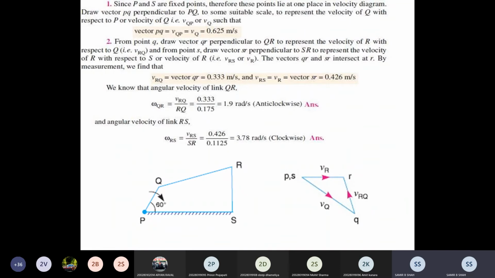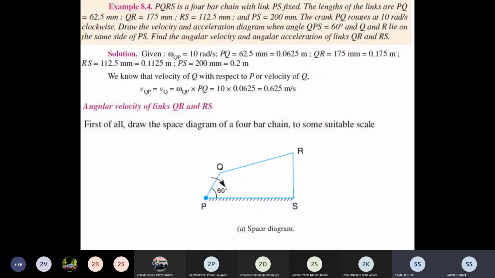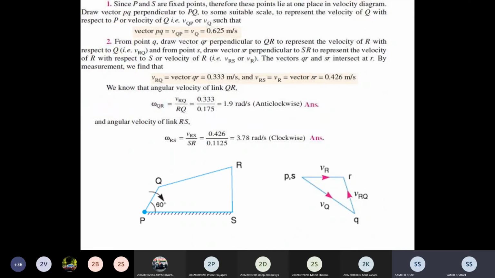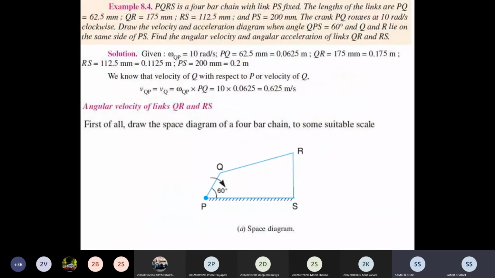Now we want to find the magnitude. Already we know that velocity of PQ is equal to 0.625, which is a somewhat small dimension, so the dimension we put will be somewhat less.